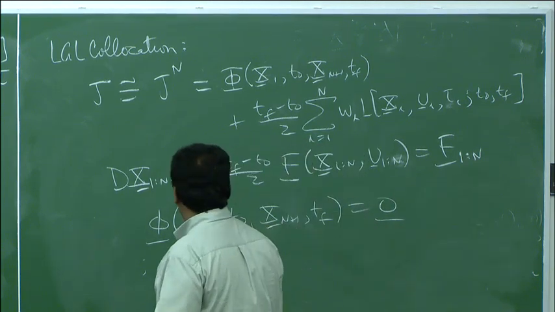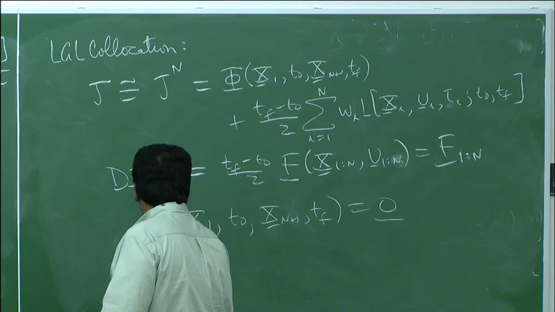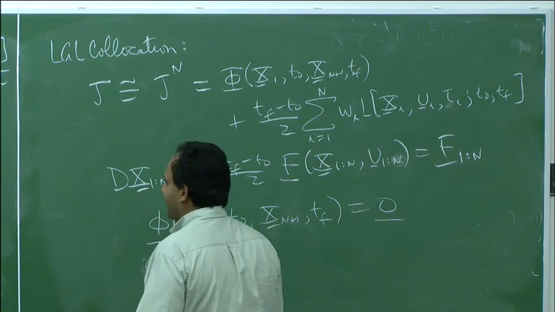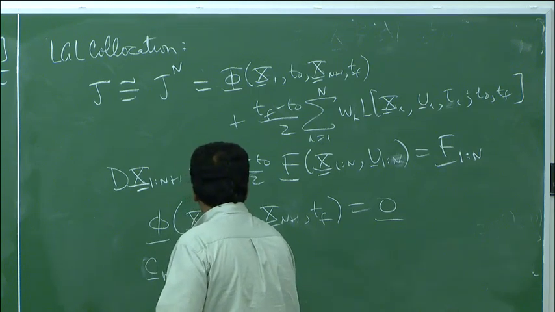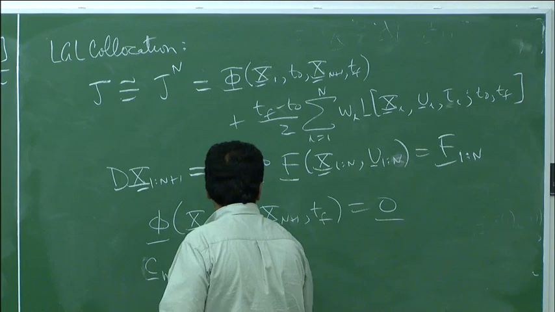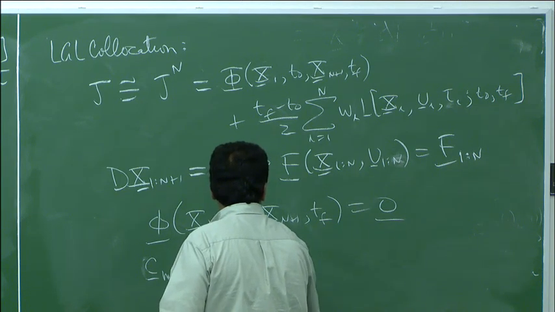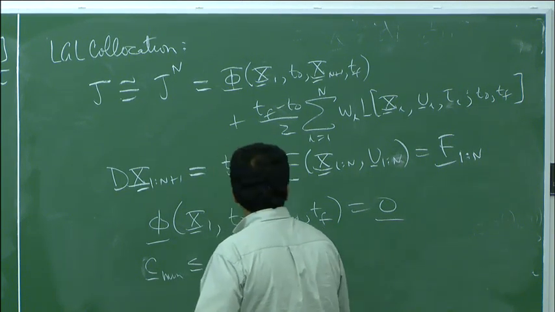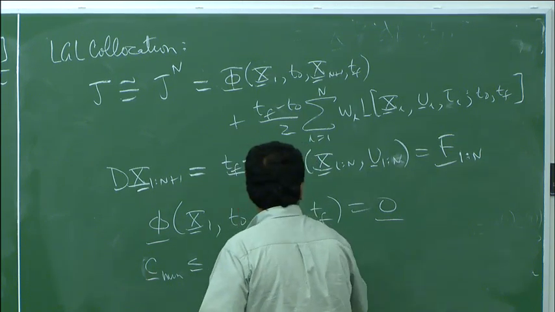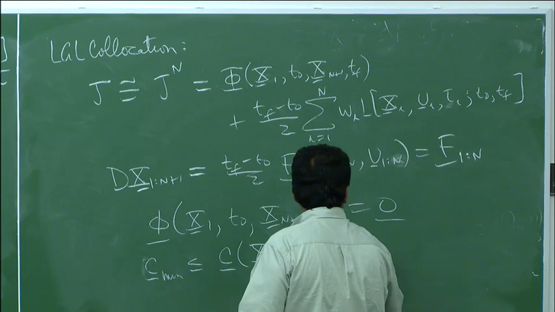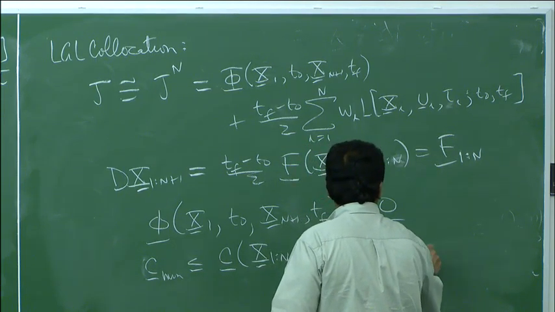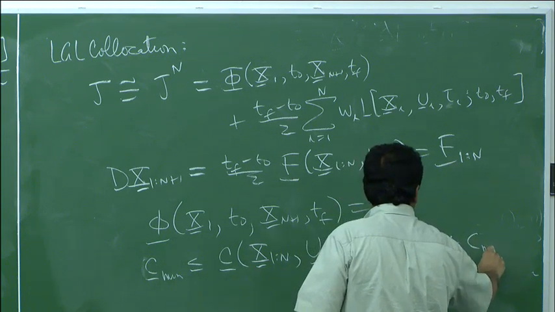And then the last one is that c min is less than or equal to c of x, which is x_{1:N}, and then u_{1:N}, and then tau_{1:N}, and then t0 and tf, less than or equal to c max.